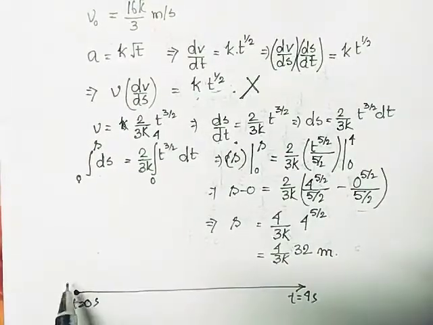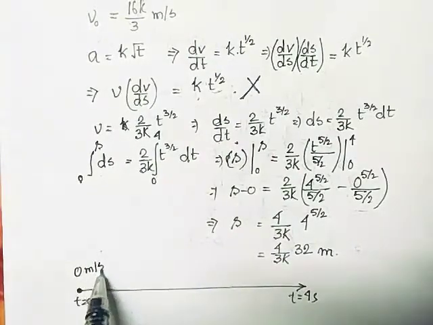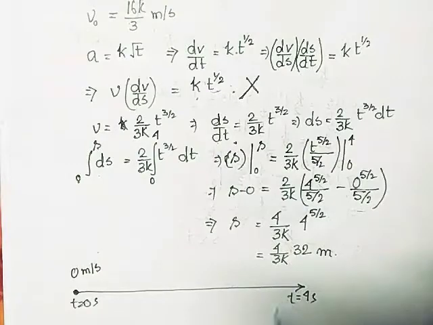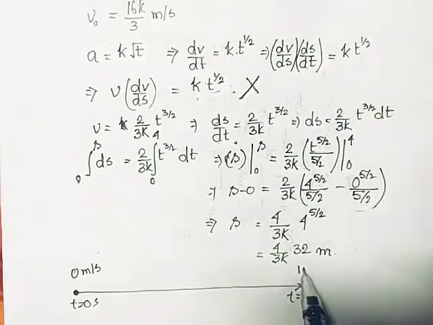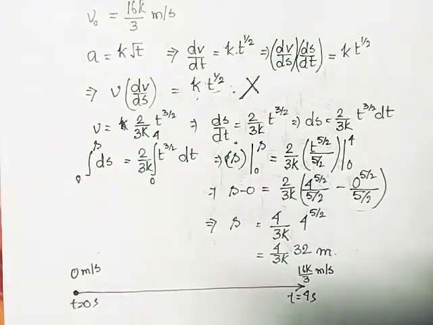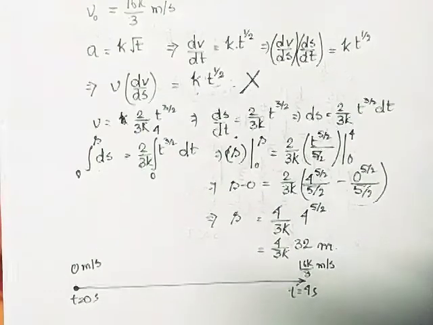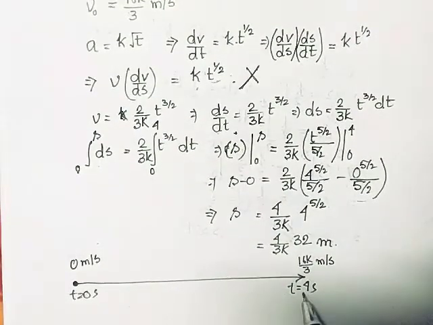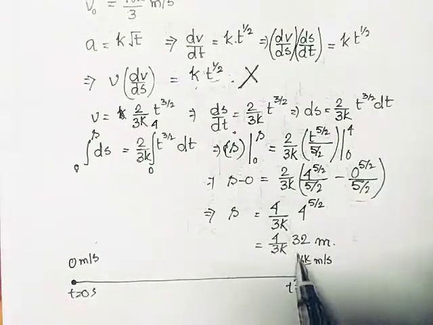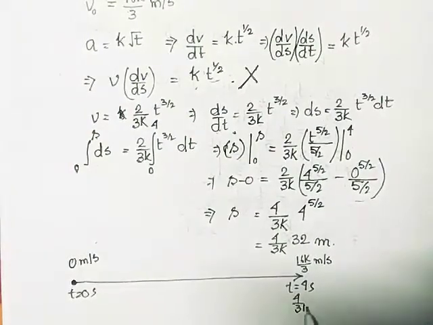When it starts from here, its initial velocity is 0 meter per second. When it reaches here, its velocity at this point is 16k divided by 3 meter per second. And at this point the distance covered by it from here to here is 4 divided by 3 k into 32 meter.